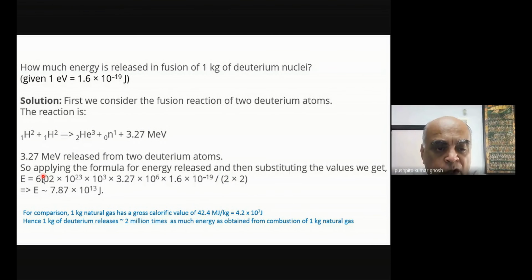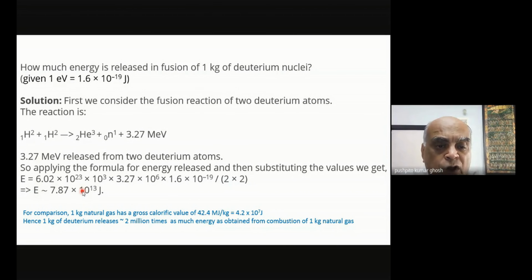So actually the number of encounters will be 6.02 x 10^23, multiplied by 10^3, because I've asked for per kilogram, whereas that is gram atom for this. So multiplied by 10^3 to account for the kilogram, divided by 4 grams, which is the 4 gram atoms for this.